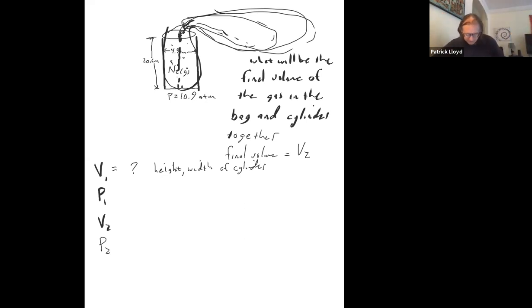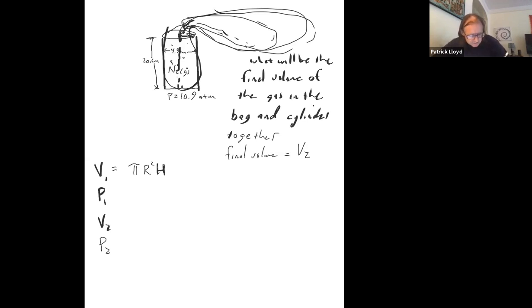But you can calculate the volume of a cylinder from its formula. The volume of a cylinder is pi r squared H, where r is the radius of the cylinder, so half the diameter, half the width, and H is the height.